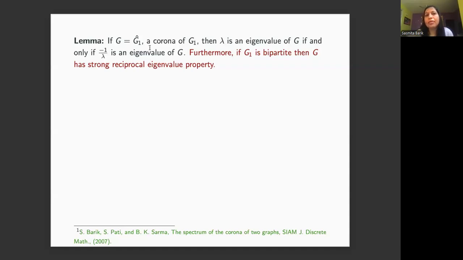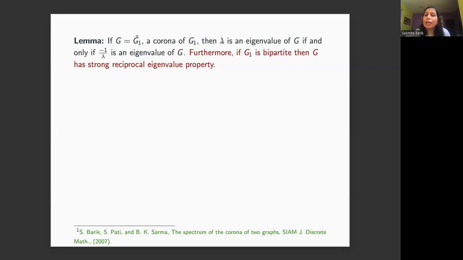So if you take a corona, the pair lambda and -1 by lambda comes, and they have the same multiplicity also. And if I take the graph G1 as bipartite, then the corona will also be bipartite, and in that case, because this plus-minus pairing is also there, we get that if minus 1 by lambda is coming, then 1 by lambda will also come.